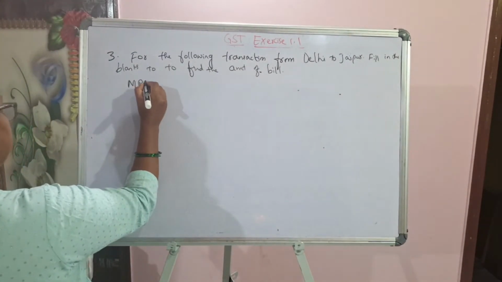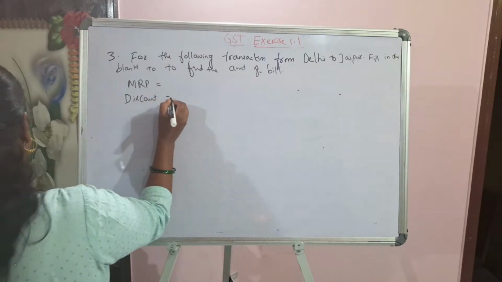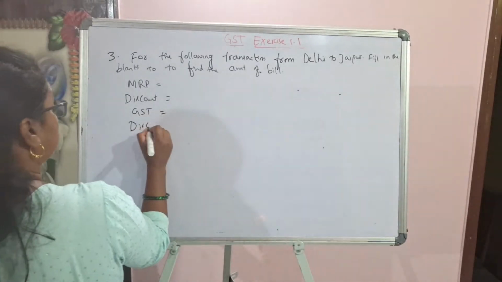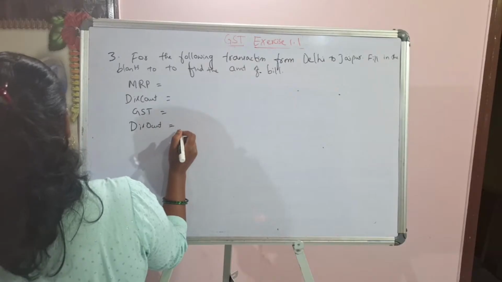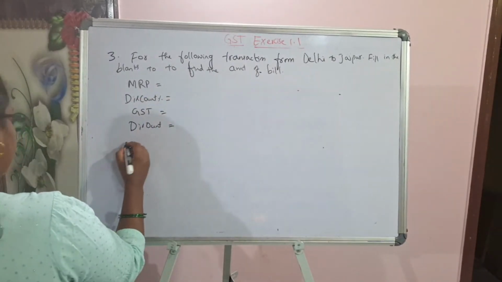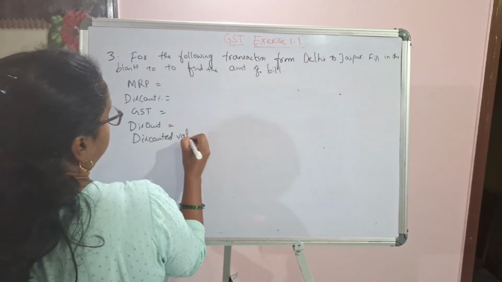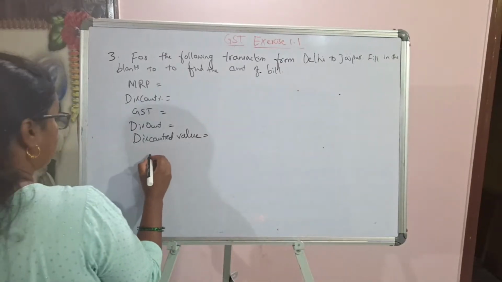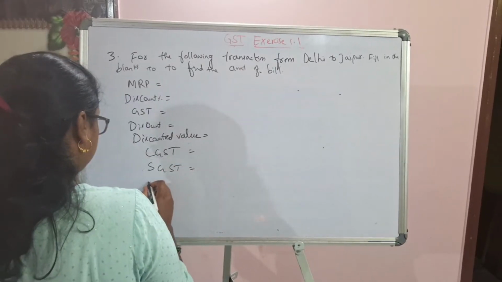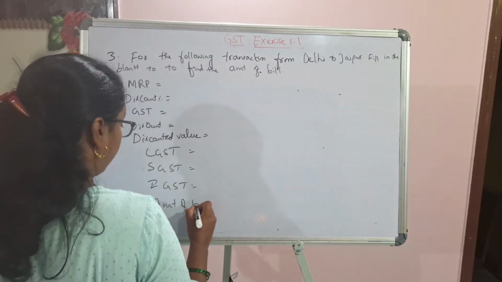MRP, discount, GST, discount percent, discounted value, CGST, SGST, IGST and amount of bill.